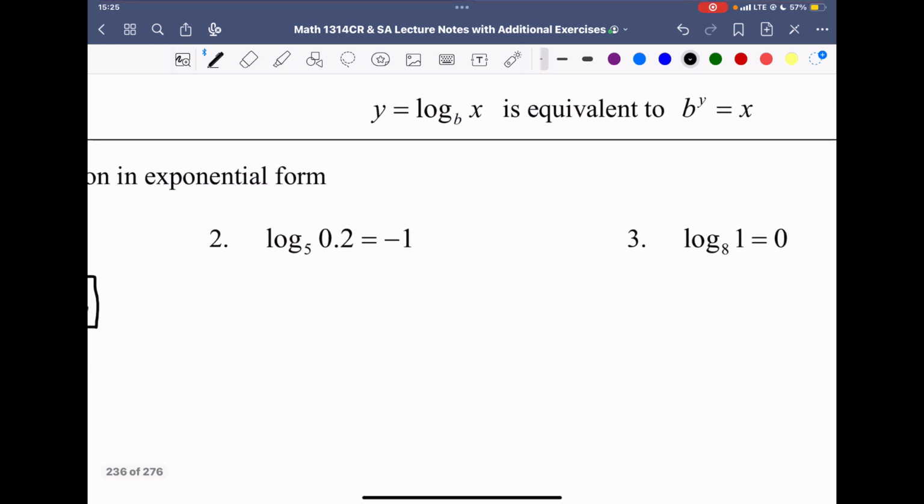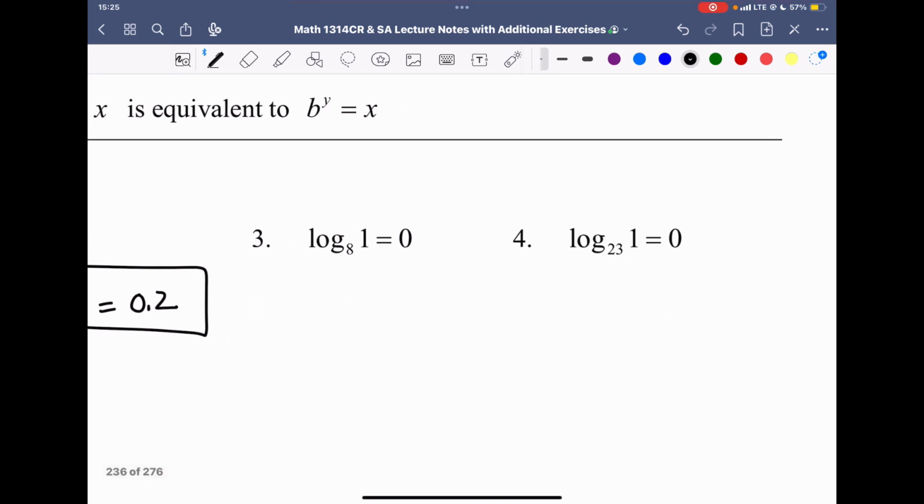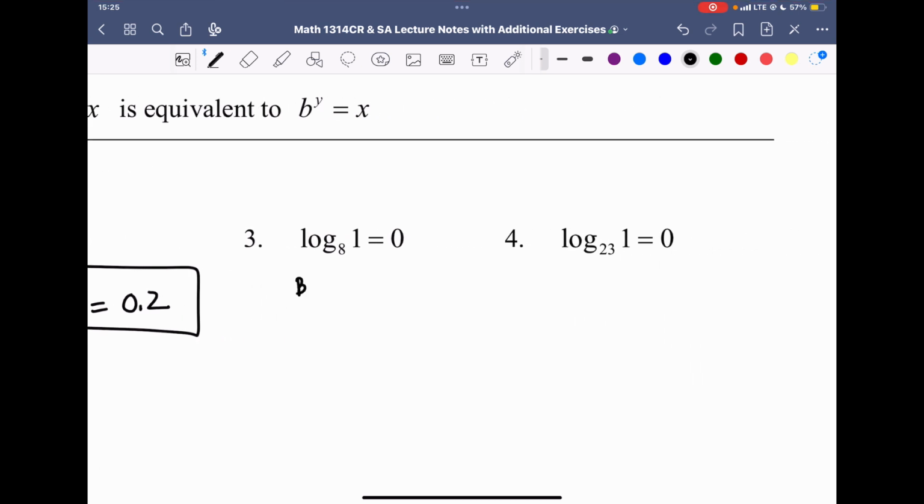For number 2, we have b equals 5, x equals 0.2, and y equals -1. So 5 raised to -1 equals 0.2. Number 3, b equals 8.